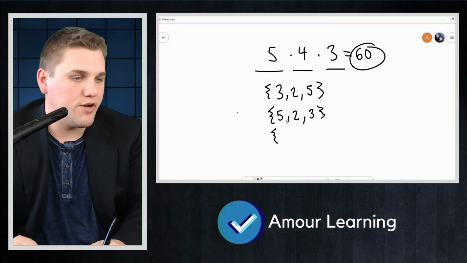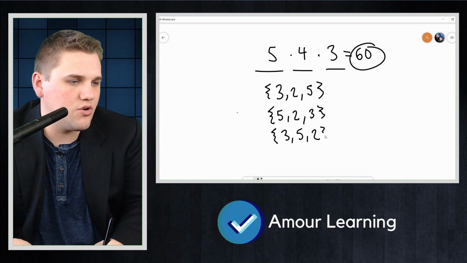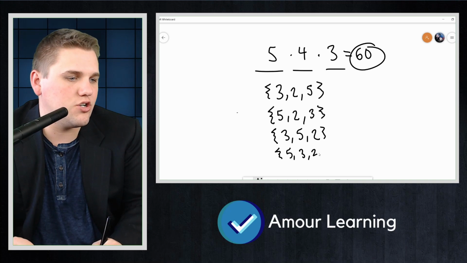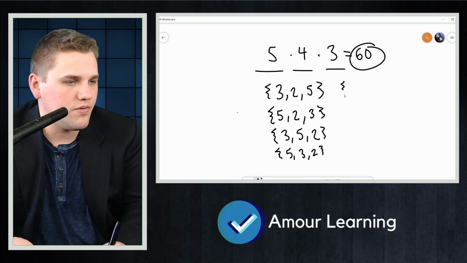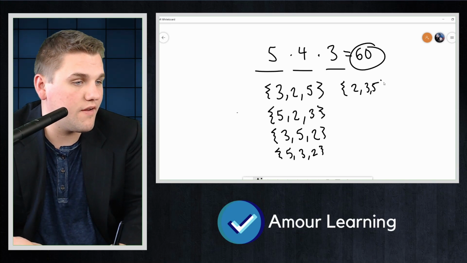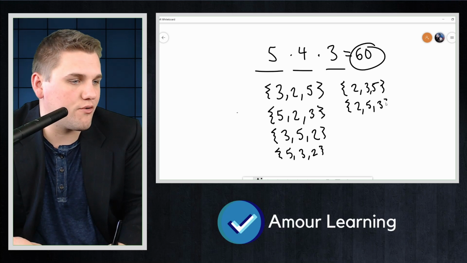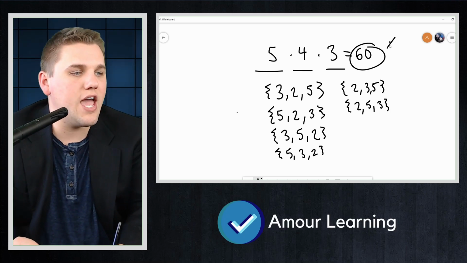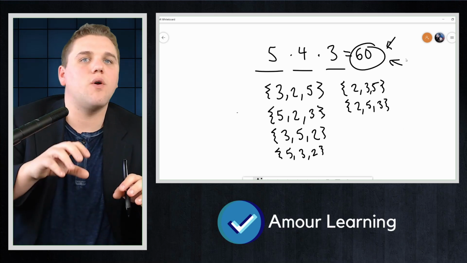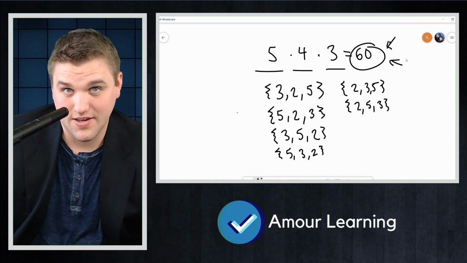We could do 3, 2, 5, 3, 5, 2, 5, 3, 2, 2, 3, 5, and 2, 5, 3. And so in this group of 60, we're counting each set 6 times.